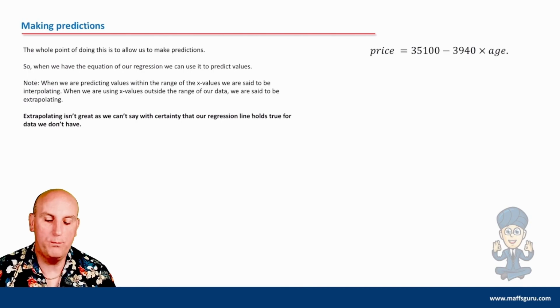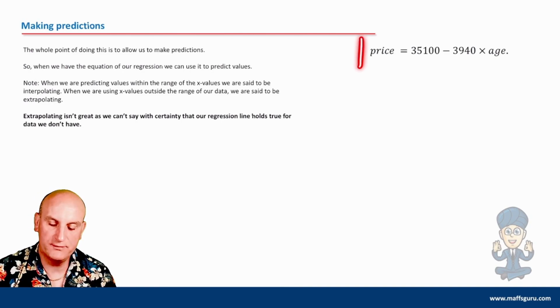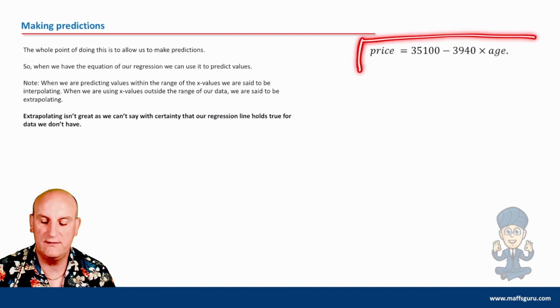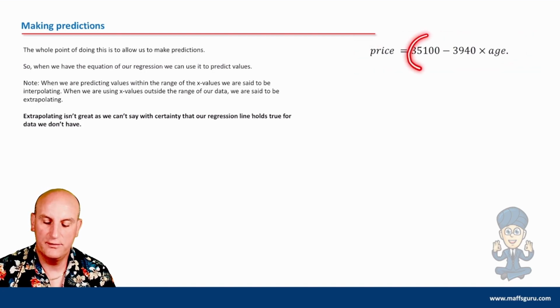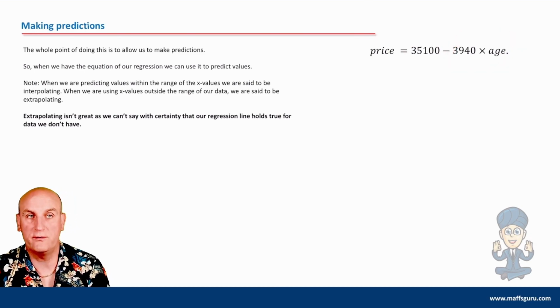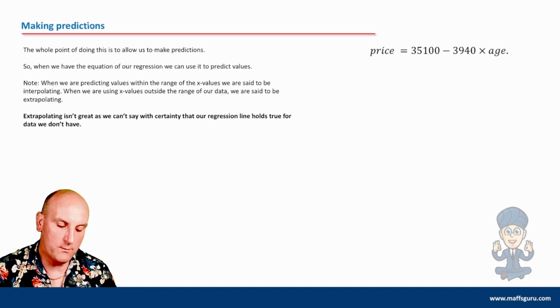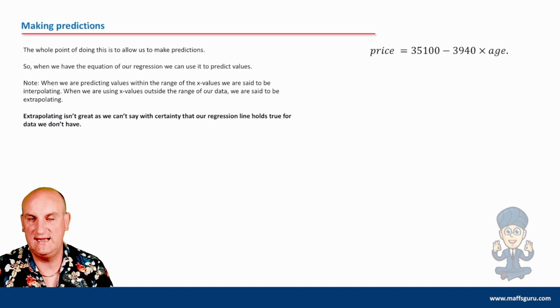Making predictions. The whole point of doing this is to then make predictions. They may ask you to make predictions. So using the formula that they've got, that price is $35,100 minus $3,940 times the age. The question then will say, well, for example, how much would a car be worth if the age is, I don't know, 3.5 years.